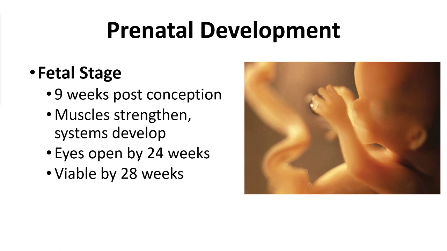By 24 weeks, their eyes will begin to open, and by the time we hit 28 weeks post-conception, you're into that period of viability, where the child could survive birth. Now, while a fetus can survive once it hits that period of viability, their odds of survival after birth increase as you get closer and closer to full term, as opposed to being born preterm or premature sometime after that viability period.